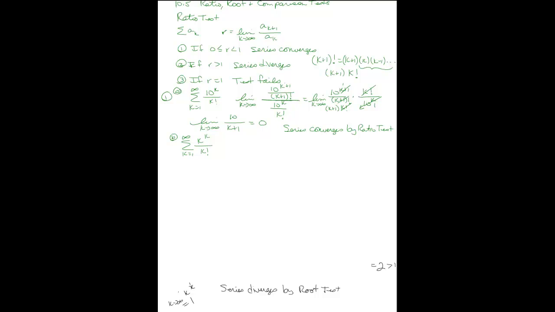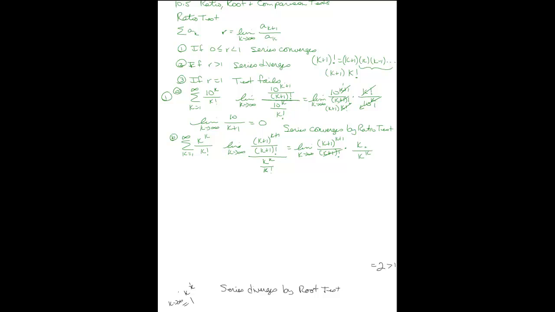So this one is the limit as k goes to infinity of k plus 1 to the k plus 1 over k plus 1 factorial over k to the k over k factorial. So fixing this as multiplication, I have k plus 1 to the k plus 1 over k plus 1 factorial times, flip that guy over.